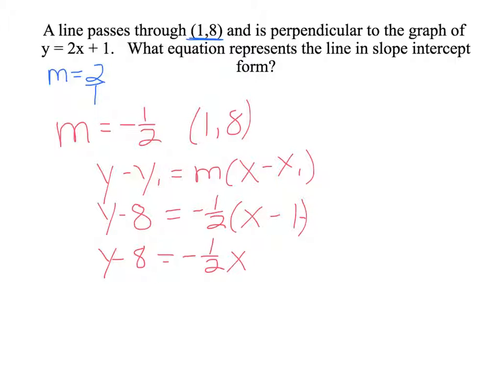When we distribute, -1/2 times -1 is going to be plus 1/2, and then add 8 to both sides, and we're going to have y equals -1/2 x, and then 8 plus 1/2 is 8.5. Okay, so the y-intercept is 8.5, and our slope is -1/2, which is perpendicular to 2.